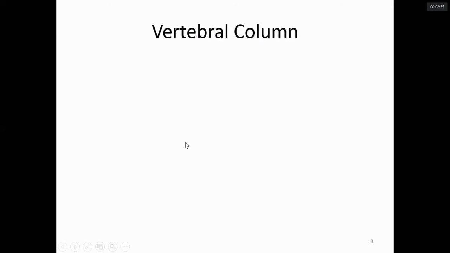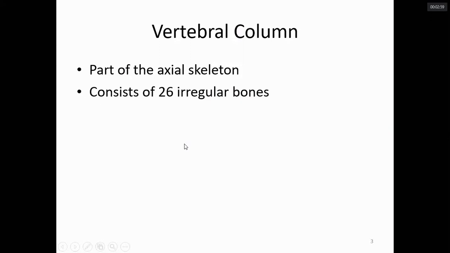So coming to the anatomy of the vertebral column, the bone is divided into axial and appendicular. The vertebra comes under the axial skeleton, whereas the upper limb and lower limb come under the appendicular.